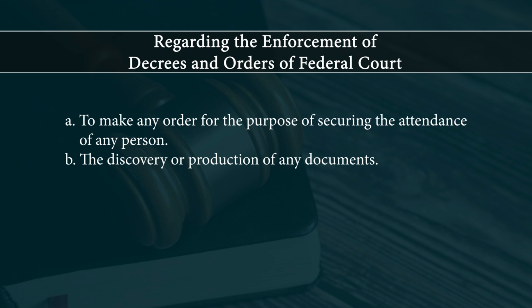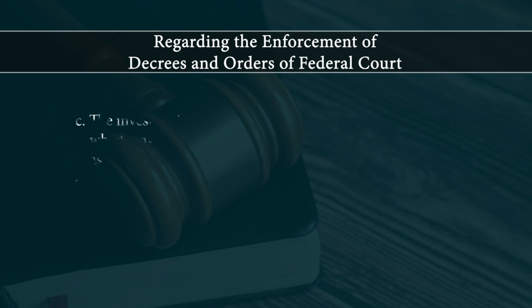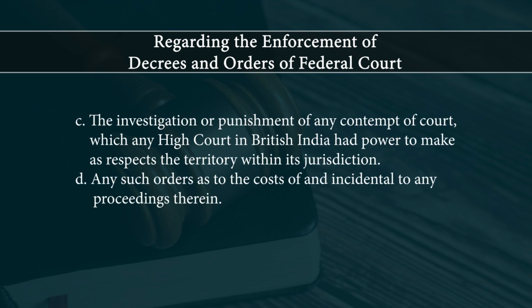Secondly, the discovery or production of any documents, the investigation or punishment of any contempt of court, which any High Court in British India had power to make as respects the territory within its jurisdiction. Also, any such orders as to the cost of and incidental to any proceedings therein.